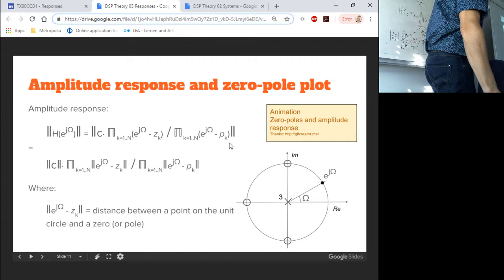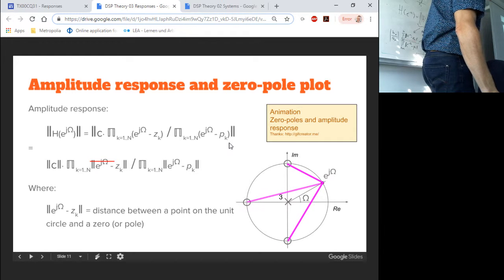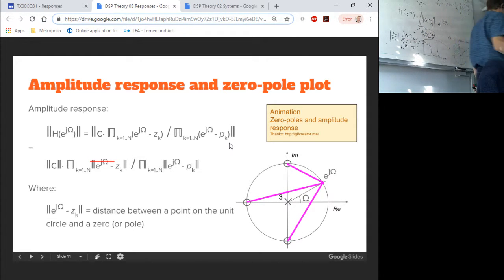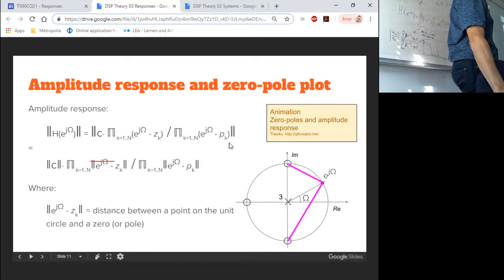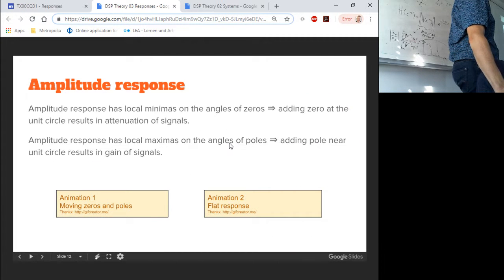So on a running average system like that, we have this e to j omega, and that part is the distance between that point on the unit circle to those zero locations.